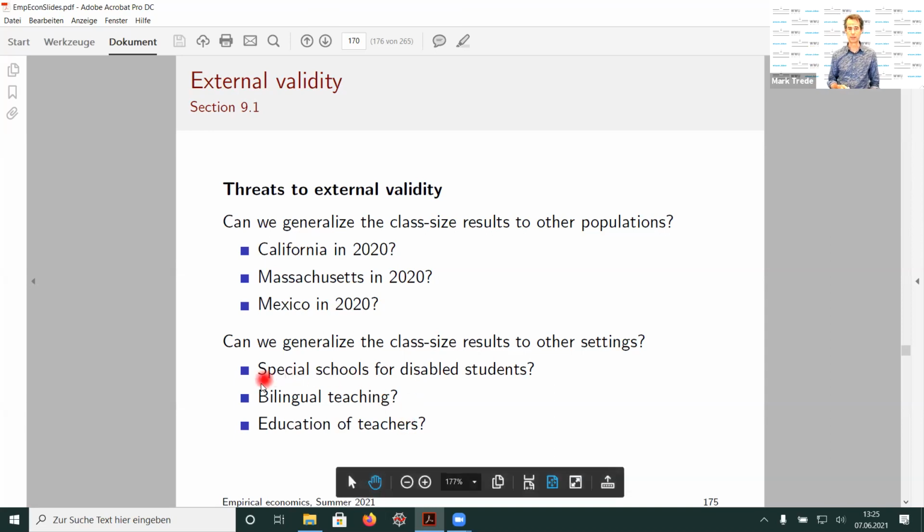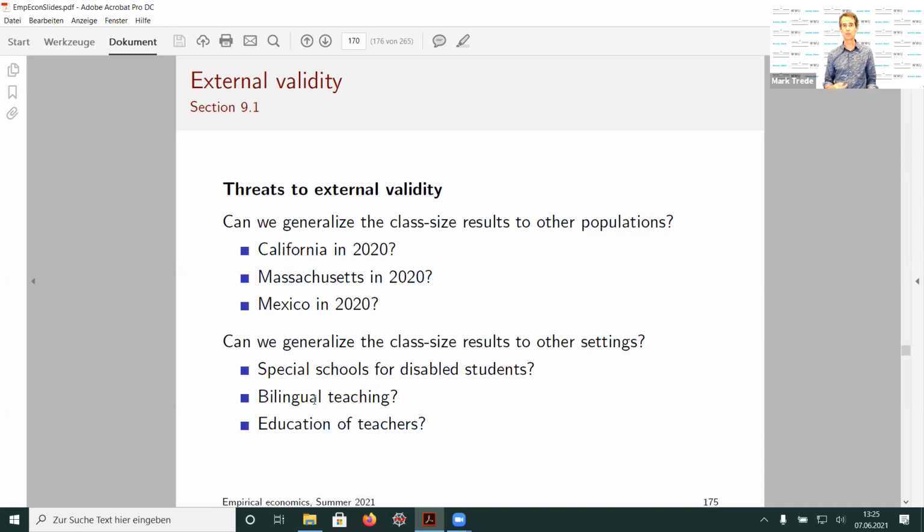And also bilingual teaching might have an impact on the marginal effect of class size, because if the students do not speak one of these languages as a native language, they might need more assistance in that case, which can only be given or better be given by additional staff.